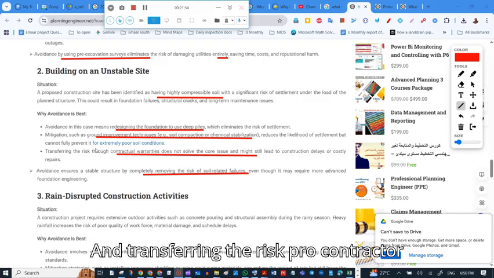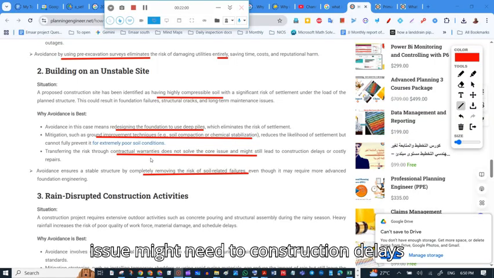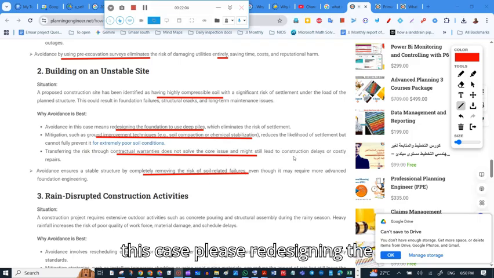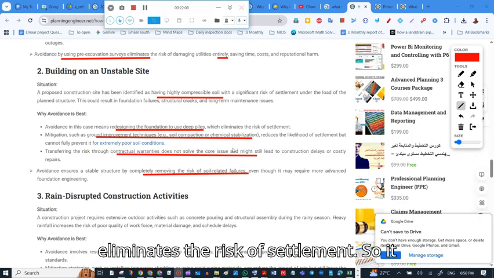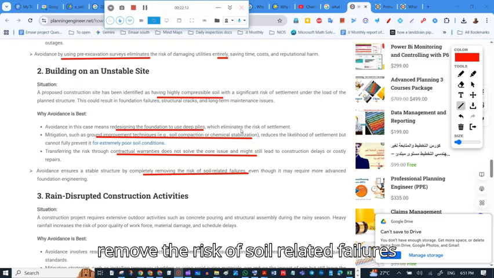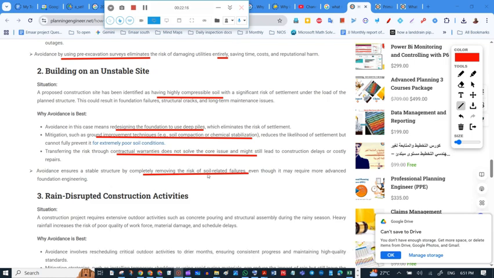And transferring the risk through contractual warranties does not solve the core issue and might lead to construction delays and costly repairs. So avoidance in this case means redesigning the foundation to use deep piles, which eliminates the risk of settlement. It ensures a stable structure by completely removing the risk of soil-related failures, even though it may require more advanced foundation engineering.